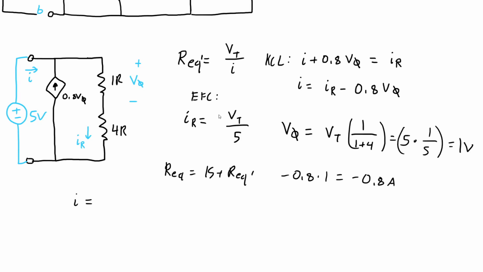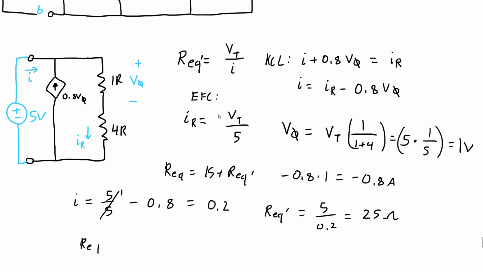I_R is going to be Vt over 5, so 5 divided by 5 is 1. 1 minus 0.8 equals 0.2. So R_EQ prime is 5 volts, our test voltage, divided by test current. So that's going to be multiplied times 5, so 25 ohms.